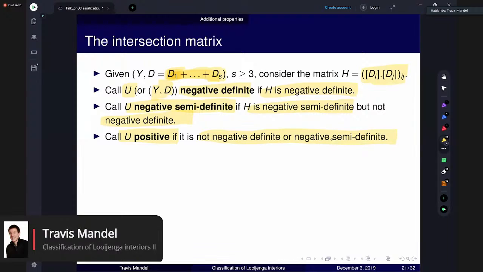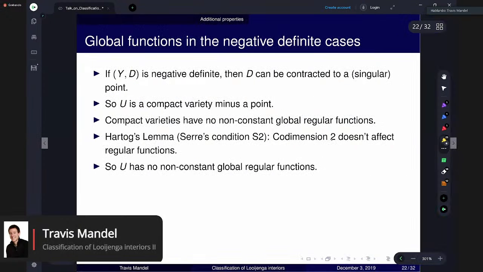So it won't be positive definite, it just won't be negative definite or negative semi-definite. So there will be some vector which has positive self-pairing with respect to that quadratic form, or that symmetric bilinear form.